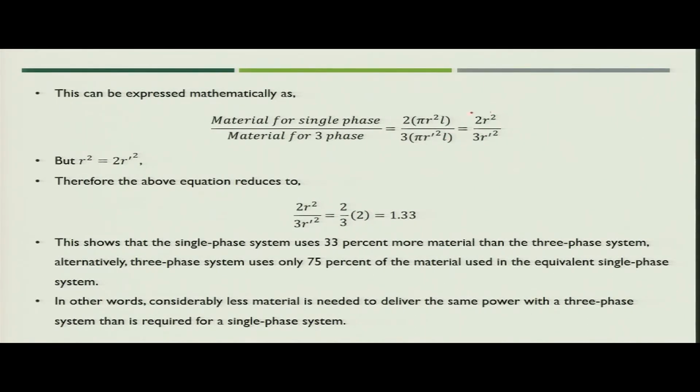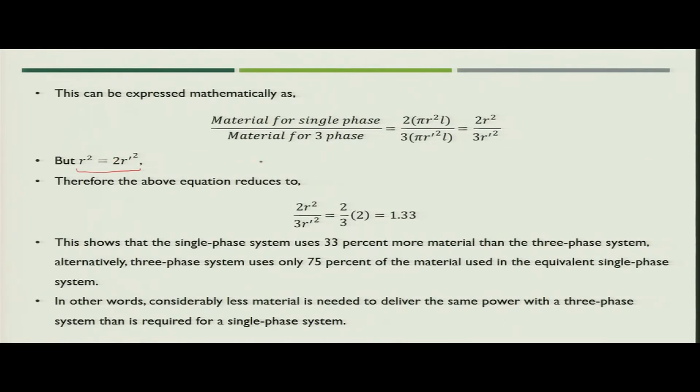So, the ratio we get is 2 R square divided by 3 R dash square when we compare the material for single phase divided by the material for 3 phase. From the loss comparison we already established that R square is equal to 2 times R dash square.